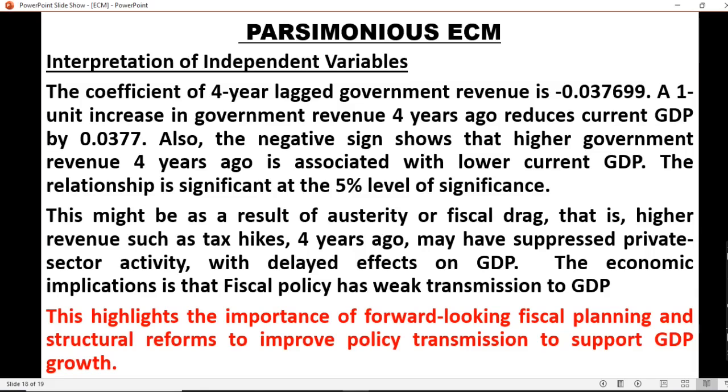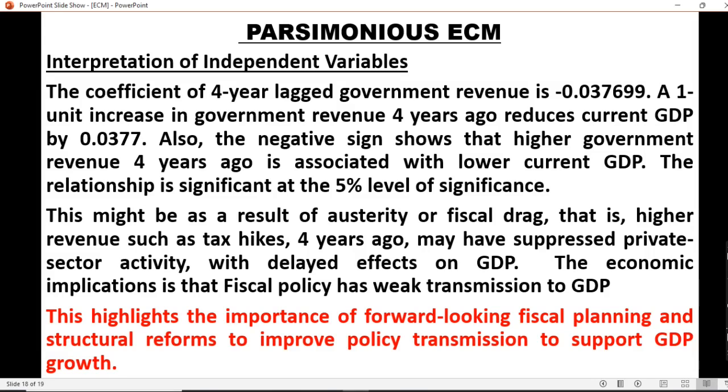And also the negative sign shows that higher government revenue 4 years ago is associated with lower current GDP. That means higher government revenue 4 years ago has suppressed the growth of the Nigerian economy at present. The relationship is significant at the 5% level of significance.